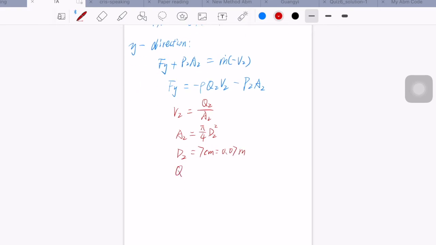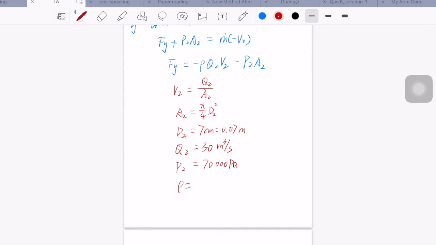And Q2 is 30 cubic meters per second, and the P2 equals 170,000 pascal, and we know the rho is 1,000 kilogram per cubic meters.